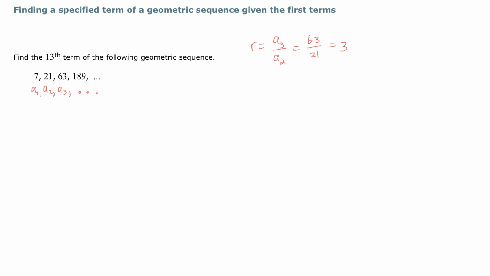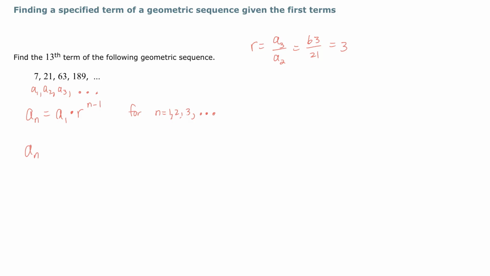Now, what is the formula for a geometric sequence? It's a sub n is equal to a sub 1 times r to the n minus 1, for a certain domain: n equals 1, 2, 3, and so on. But you know what a sub 1 is? It's 7.